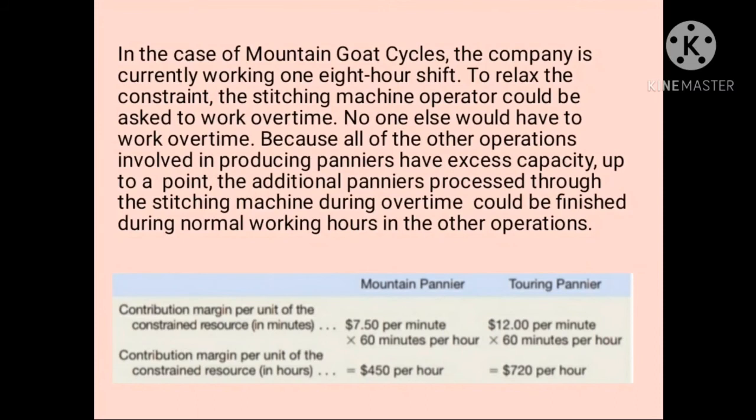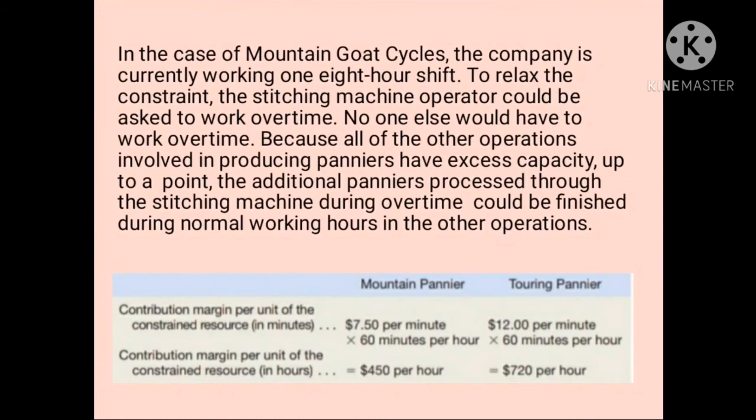The table shows that the contribution margin per unit of the constrained resource in minutes for the mountain pannier is $7.50 per minute. And the contribution margin per unit of the constrained resource in hours is $450 per hour, because $7.50 per minute times 60 minutes per hour equals $450 per hour.